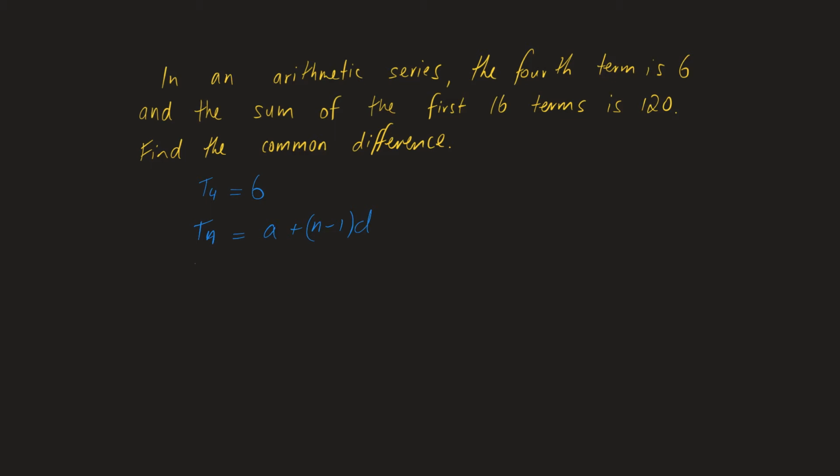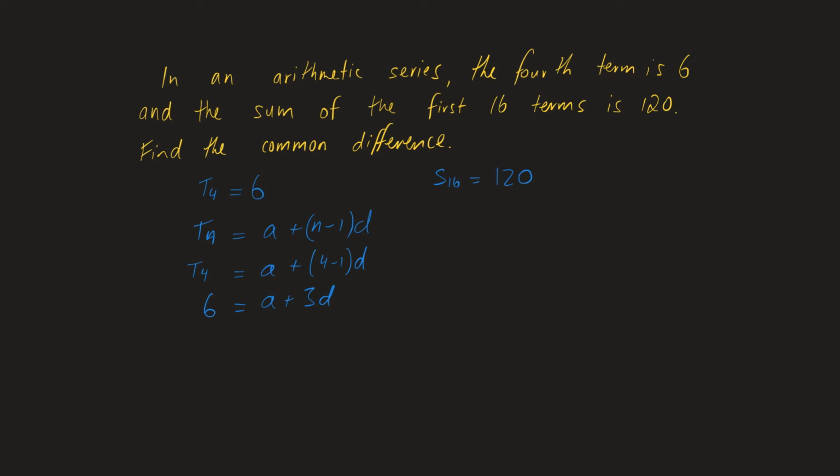So T4 is equal to a plus 4 minus 1 d. So that will simplify down to a plus 3d is equal to 6. And then the sum of the first 16 terms is 120. So sum of 16 is equal to 120.